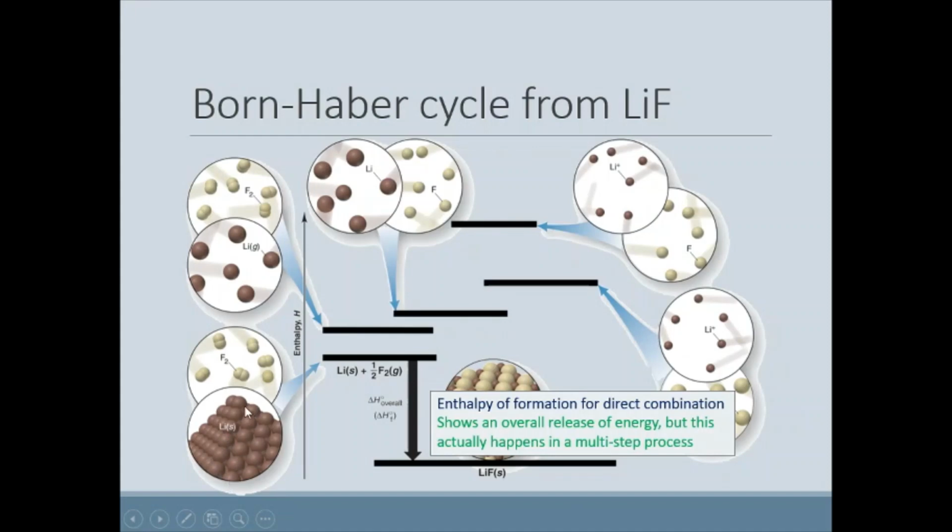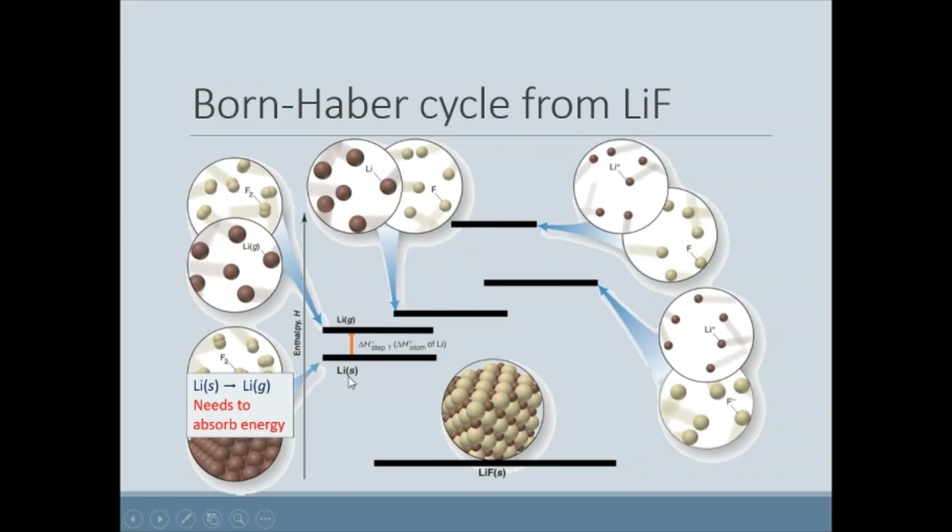There's really no room to shove in your F in order to make your lithium fluoride. So the first step is to take our lithium solid and beat it and smash it and heat it up and shake it as much as we can to get all of these atoms to completely separate into our lithium gas. Going from lithium solid into lithium gas requires some energy.